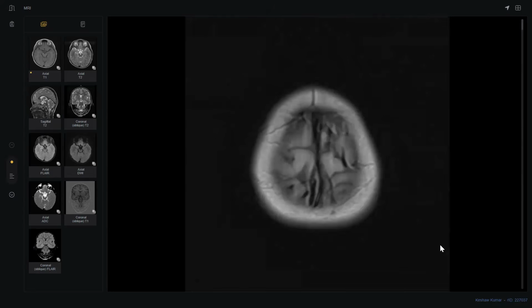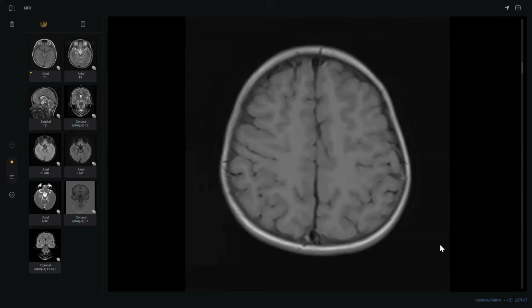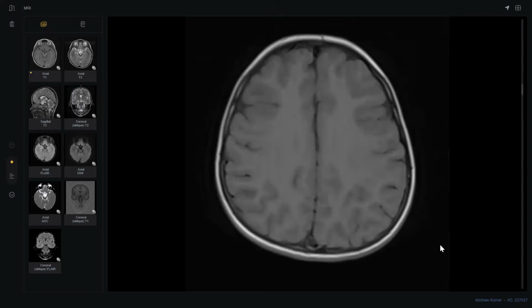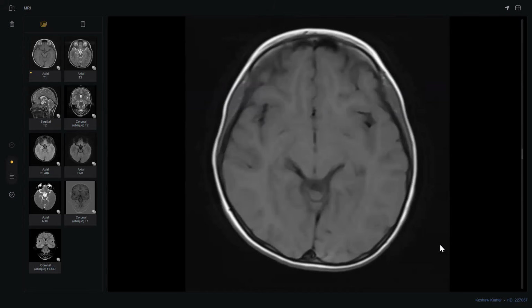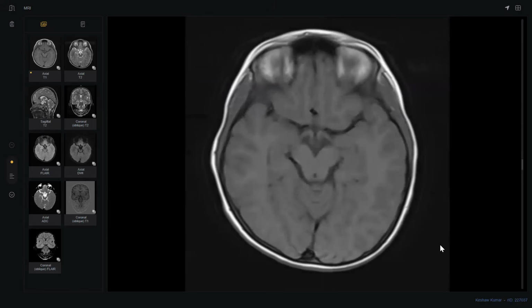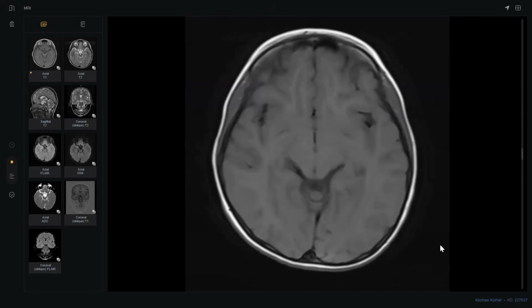In my initial scroll, I could appreciate there is no hydrocephalus, no midline shift. I could appreciate subtle swelling of the left-sided temporoparietal gyri without any significant vasogenic edema.